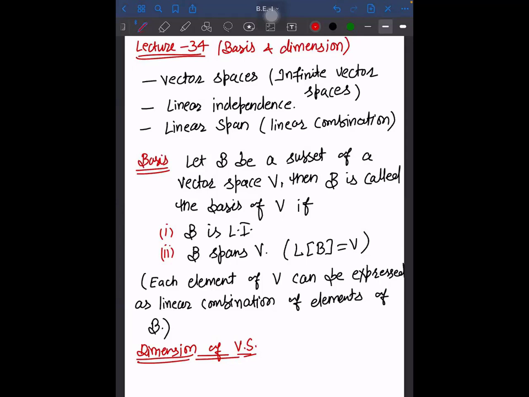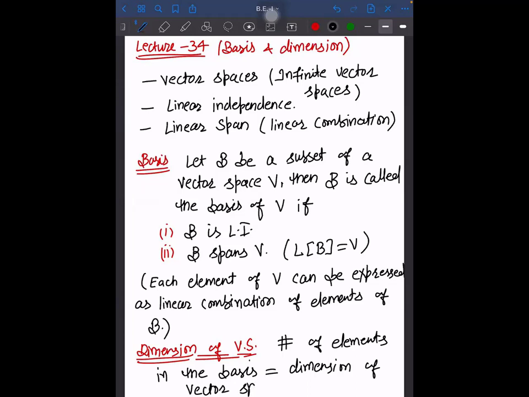Dimension is nothing but the number of elements in the basis. The number of elements in the set B, in the basis, is equal to the dimension of the vector space, right? So let's understand how this stuff works.